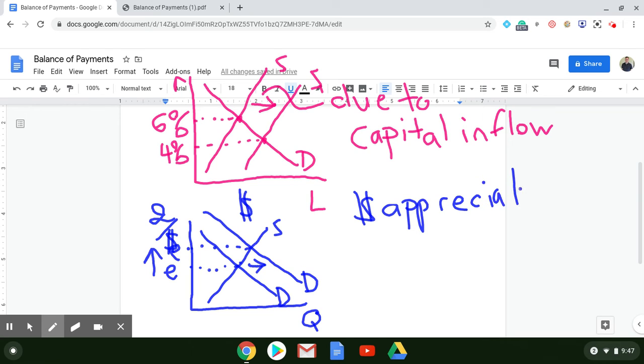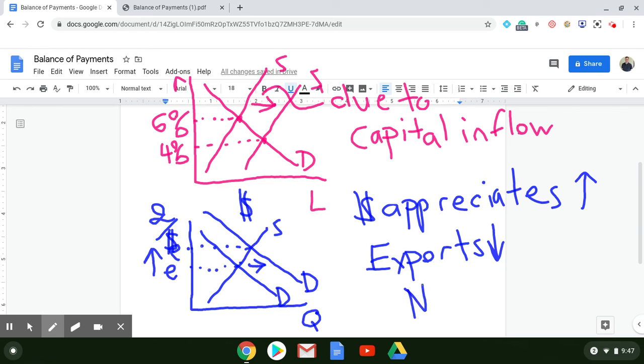The dollar appreciates. And from our earlier videos, as the dollar appreciates, it's going to make our goods and services more expensive. So exports will decrease and net exports will decrease, causing output to go down.